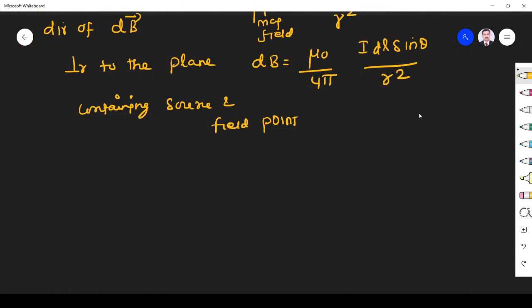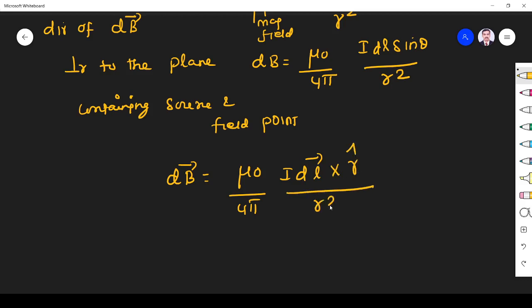We know that dB is a vector quantity, because the magnetic field is a vector. How can I write dB in vector form? It's simple: mu naught by 4 pi, Idl cross r cap divided by r square. How can I replace dl sine theta with dl cross r?